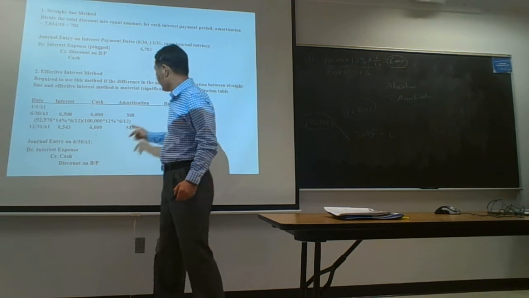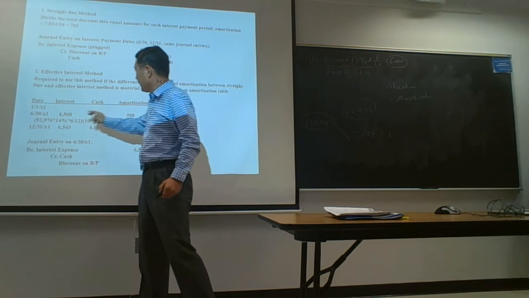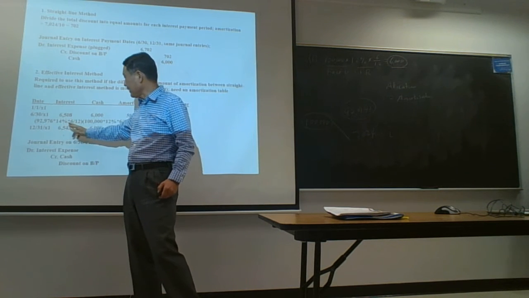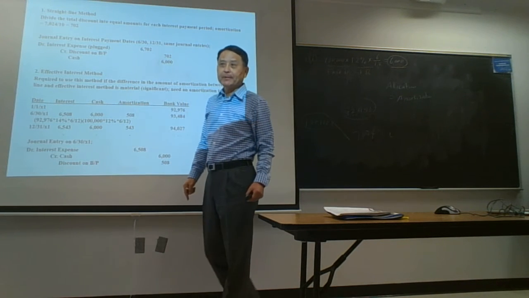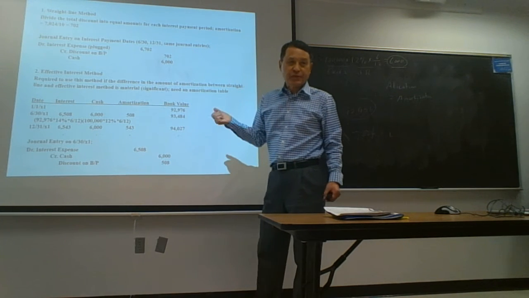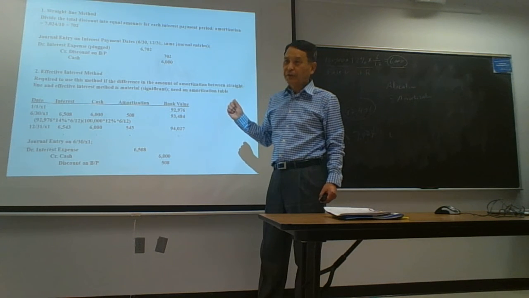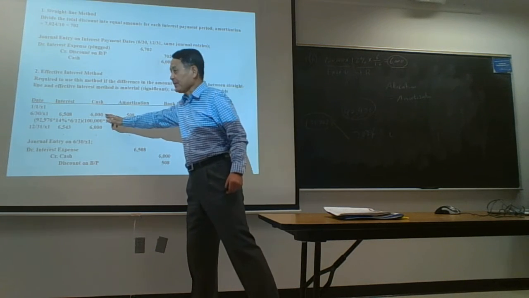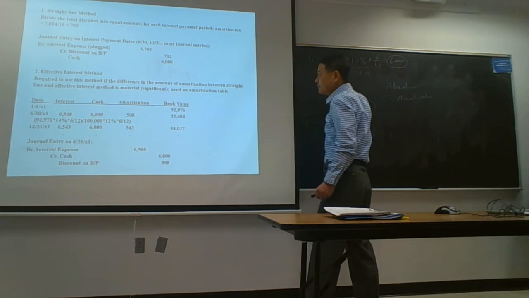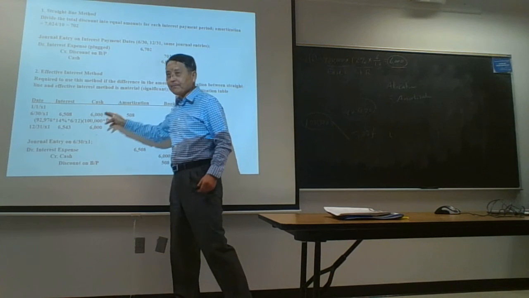So beginning book value times the market interest rate times 6/12 is 6,508. That is 6 months of interest expense from January 1st through June 30th. Cash payment is 6,000, same as this.